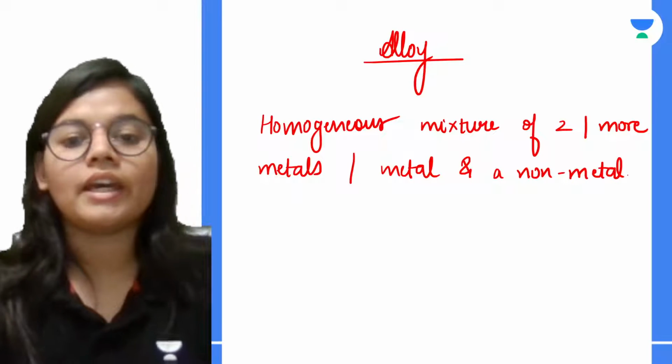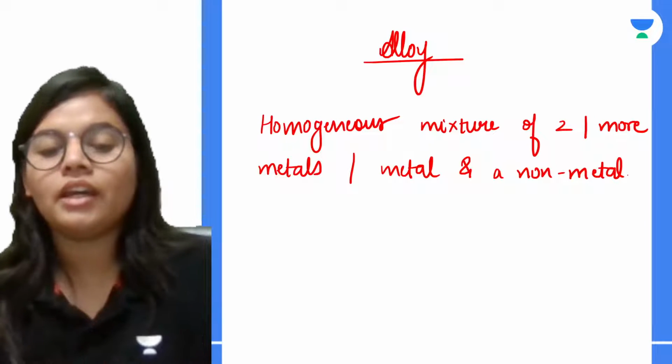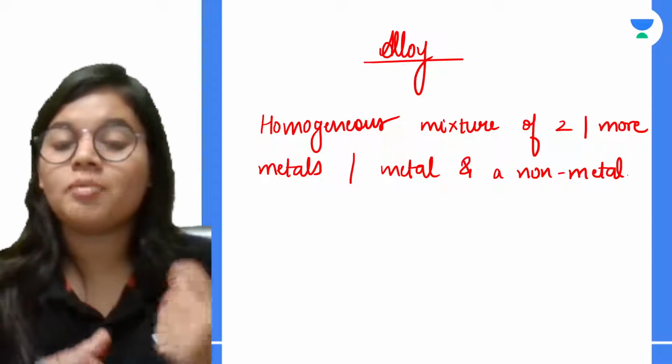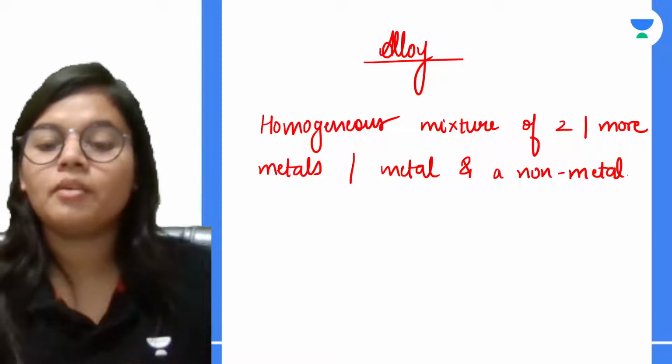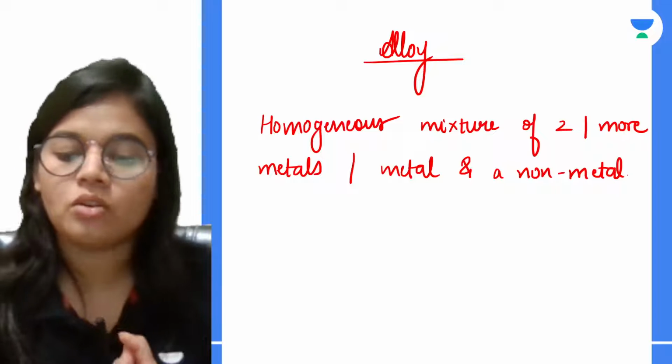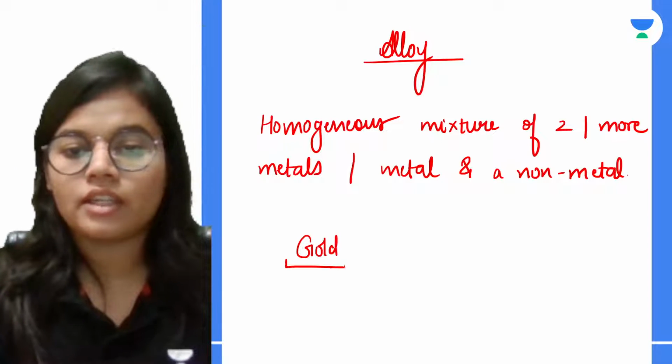अभी बात आती है कि why. Okay, now if I talk about any alloy, its properties will be completely different from the properties of the constituent metals or non-metals or elements. Okay, so if I talk about gold, right now we're taking the example.